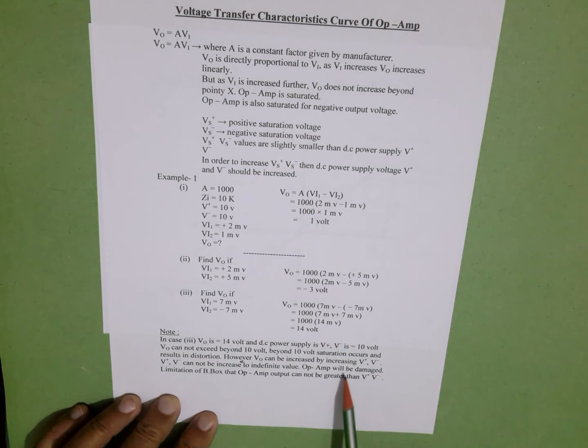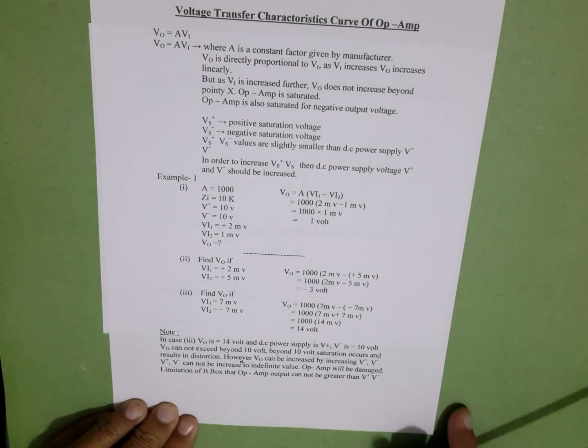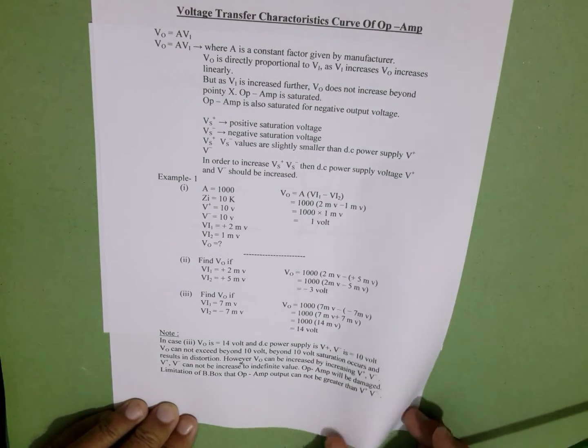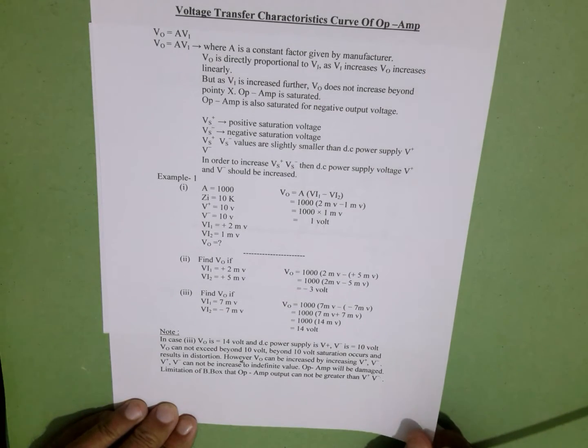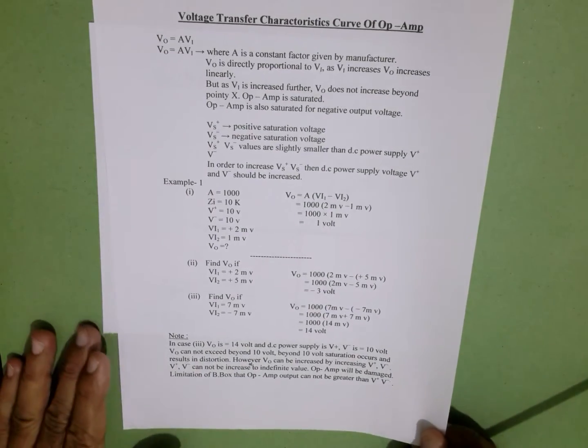Op amp will be damaged, and that is the limitation of the black box, that op amp output cannot be greater than V positive, V negative. The point to emphasize is that the positive saturation and negative saturation should be less than the DC supply voltages.